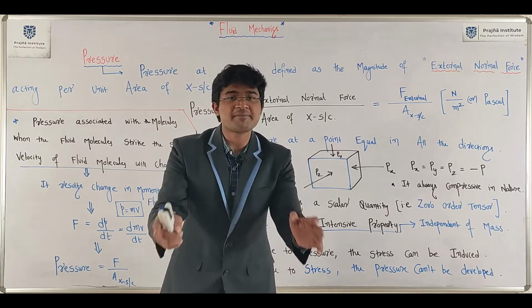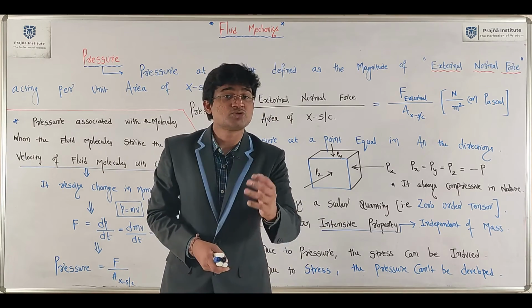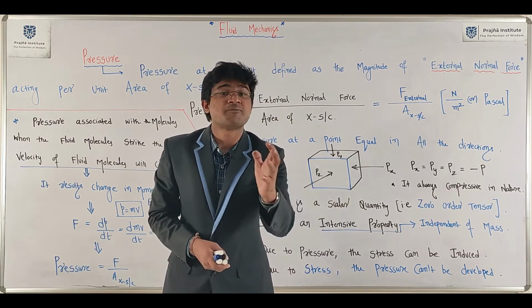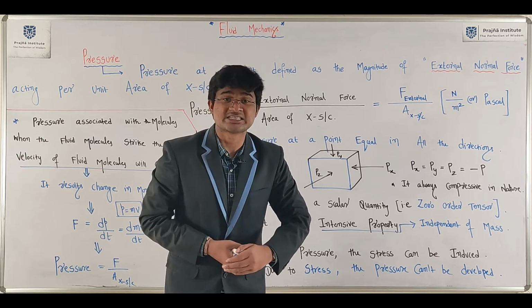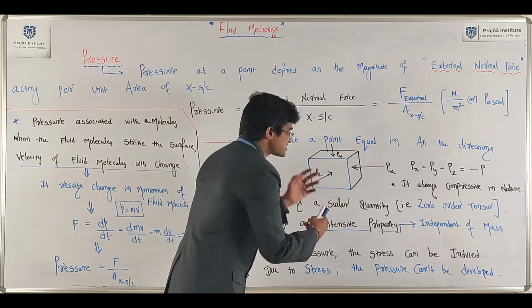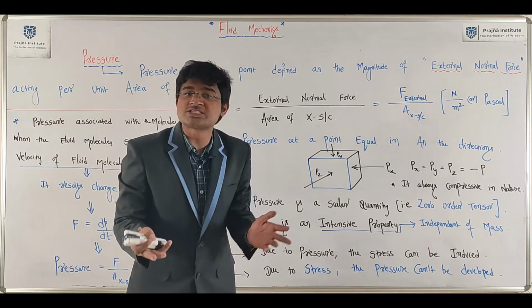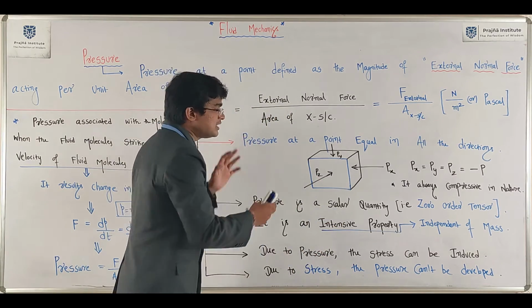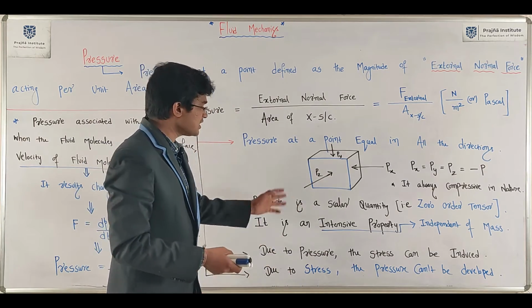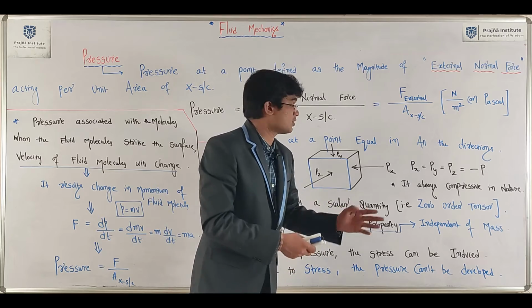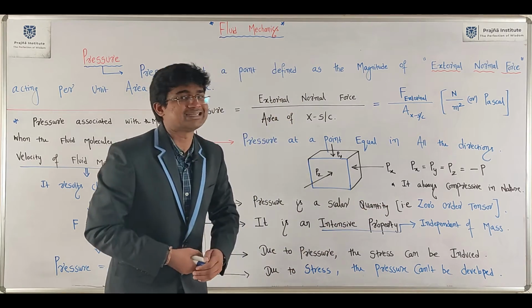In the tensor family, scalar means zero order tensor, vector is a first order tensor, stress is a second order tensor. To represent a scalar quantity, only magnitude is sufficient. Of course, pressure depends only on magnitude. It is a scalar quantity, or you can call it a zero order tensor.